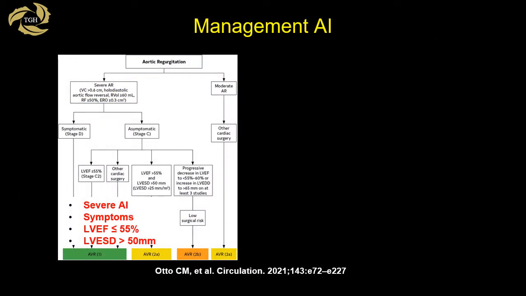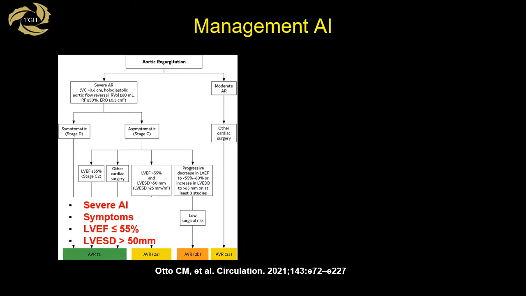Current 2020 ACC/AHA guidelines recommend aortic valve intervention for symptomatic patients with left ventricular systolic dilatation and impaired function. The latter is a key determinant of survival and functional status after aortic valve intervention.